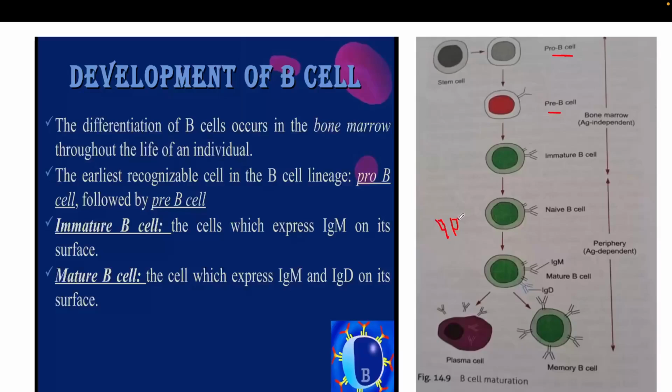So whatever antigen it binds, based on that it gets the signal to multiply, which should have specificity towards this type of antigen, right? So it will multiply, by dividing into either plasma cells or memory cells. So this is the simple flow chart of B cell development.